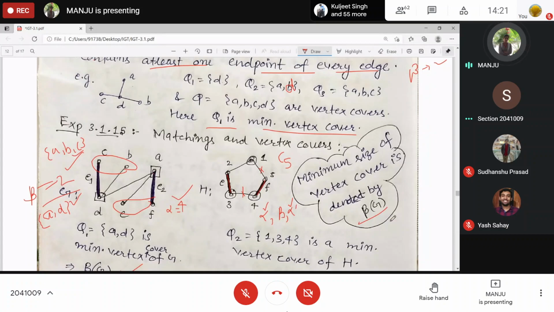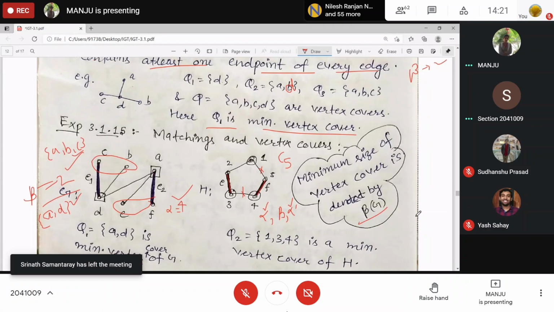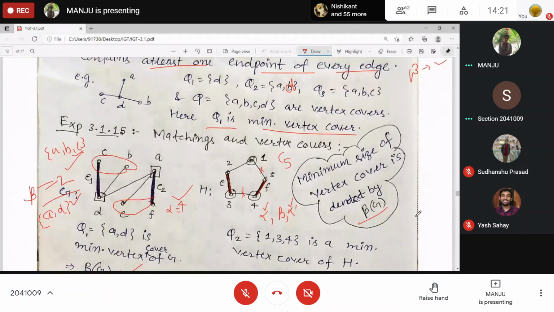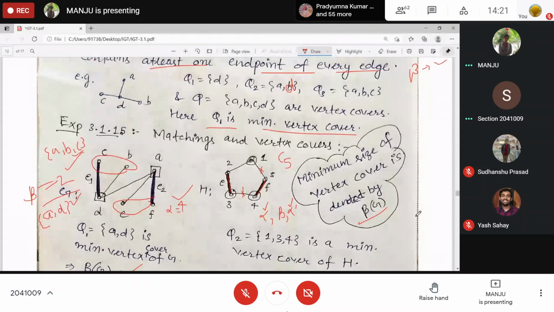Minimum number of vertices to cover all the edges. How many minimum number of vertices to cover all the edges?